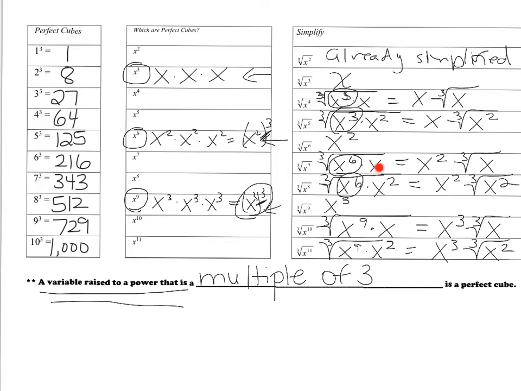So here I left 1 in because 7 is 1 away from 6. 8 is 2 away from 6. Here, 10 is 1 away from 9. 11 is 2 away from 9. So you're always going to leave an x or an x squared on the inside, and then you find a third of the one before it on the outside.